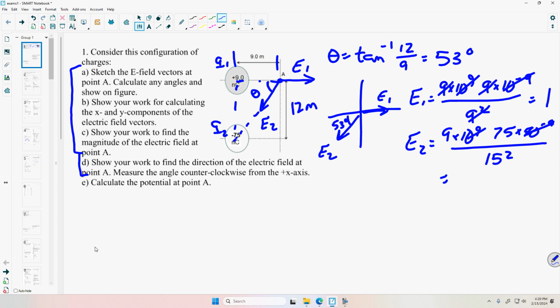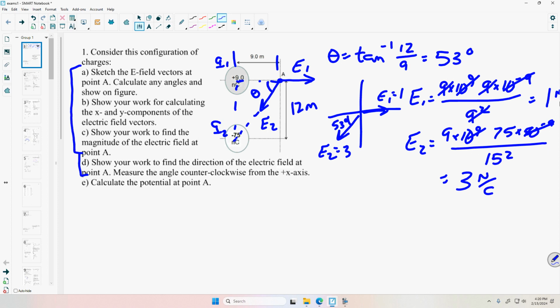So these cancel. I get 3. So that's equal to 3 newtons per coulomb. Newtons per coulomb for both of those. So now I have that. This is equal to 3. This is equal to 1.